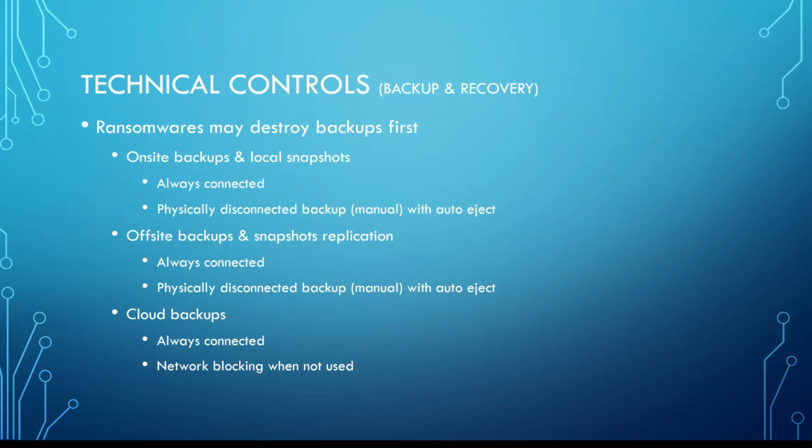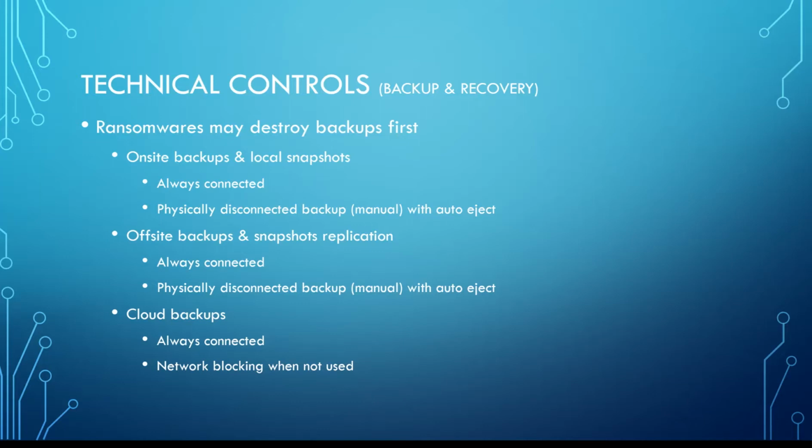This hard drive is going to be always connected to the NAS because you want regular backups going on. But if the ransomware attacks your NAS, it's going to attack your backup, so you will lose your backup.